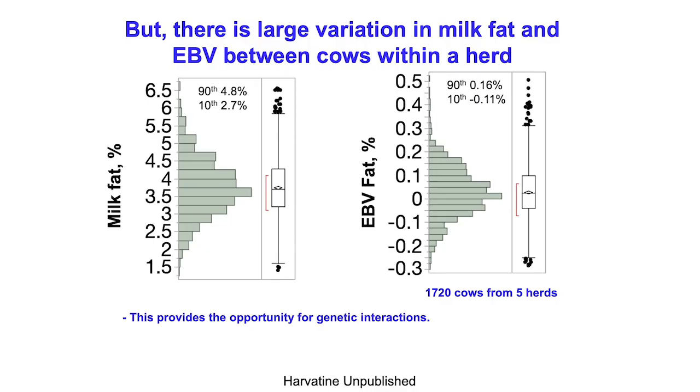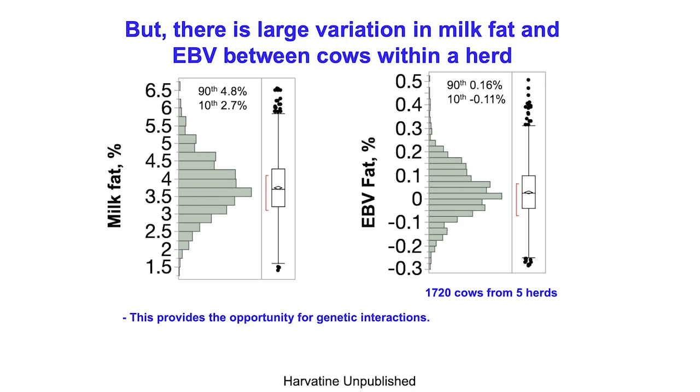Now, there is quite a bit of variation in genetic potential between cows. This is 1,700 cows in one of our databases. You look at that milk fat percent. Again, big variation in milk fat percent, 2.7 to 4.8. The expected breeding value is negative 0.1 to 1.6. Now, this wouldn't be the entire genetic potential, right?